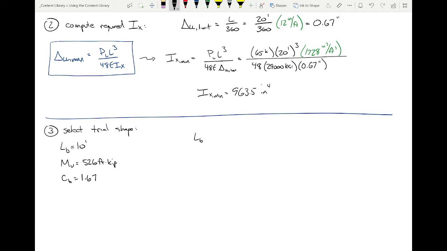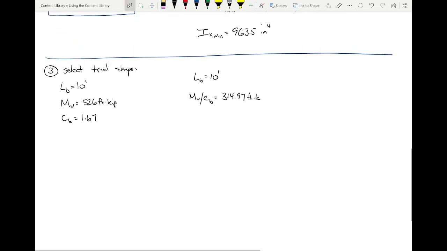So we're going to go into the table with 10 feet and Mu over Cb of what? Mu over Cb, I mean, 314.9. For purposes of looking it up in the table, that's probably close enough. So we'll say 315.